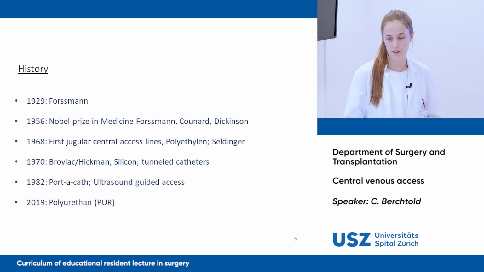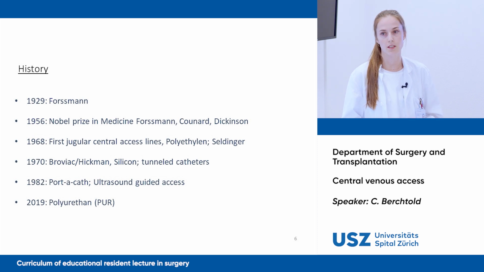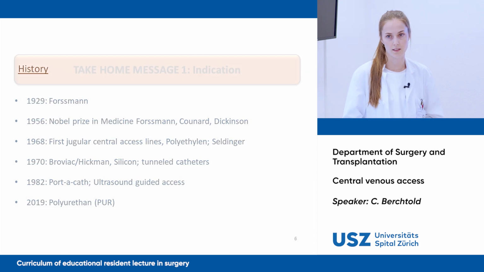That's why they have to be softer. In 1982, the first portacath was used in clinic, and ultrasound-guided access started coming up. Nowadays, we mostly use catheters made of polyurethane, which, depending on the manufacturing process, is fairly soft or fairly hard, which makes it the perfect material for all kinds of catheters.